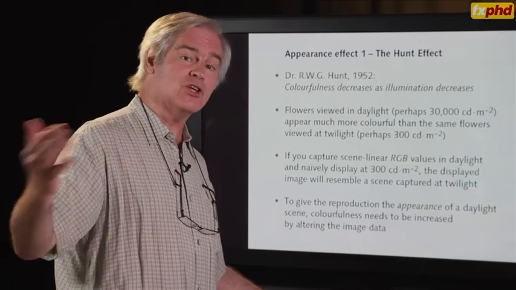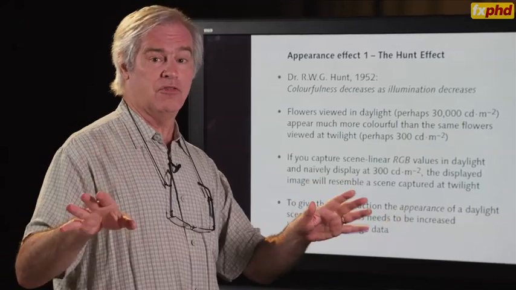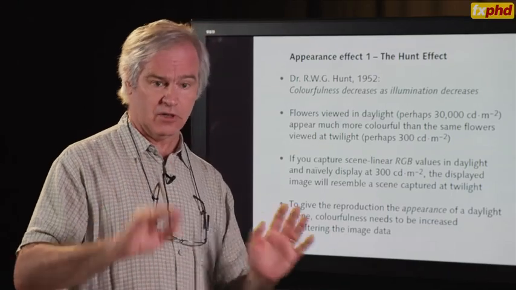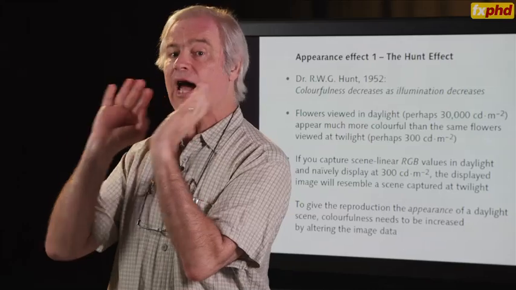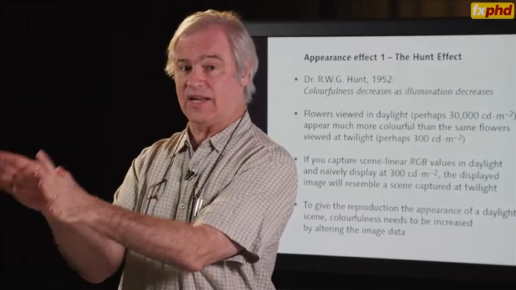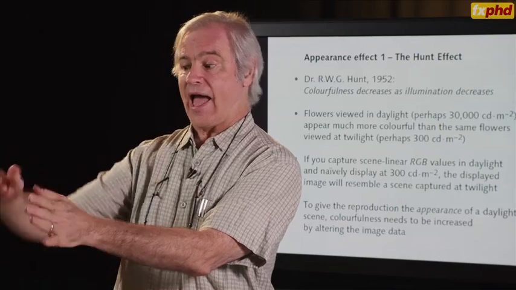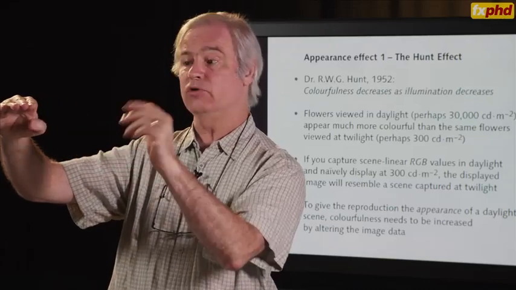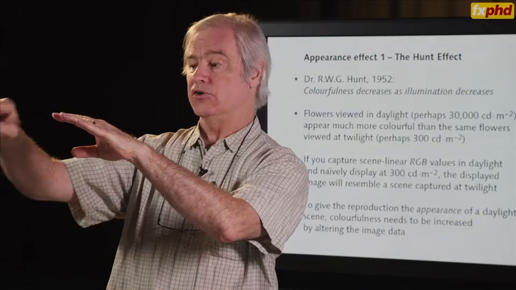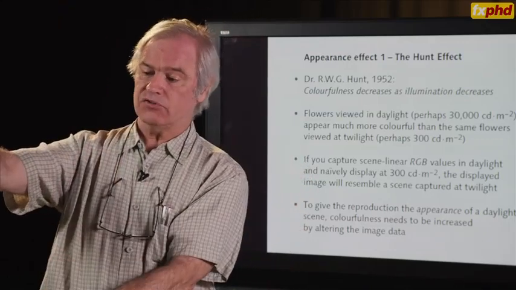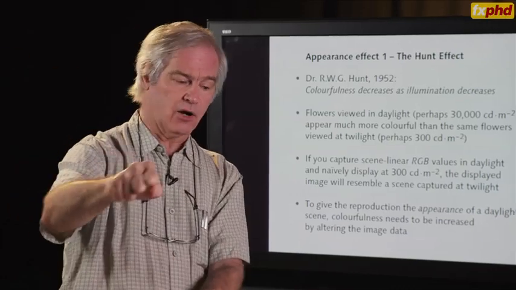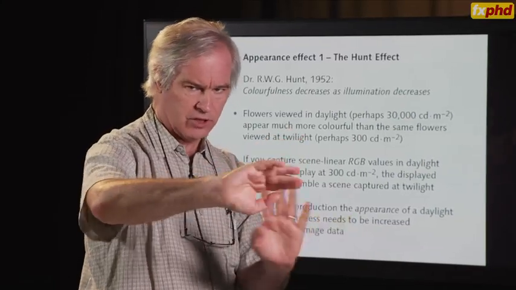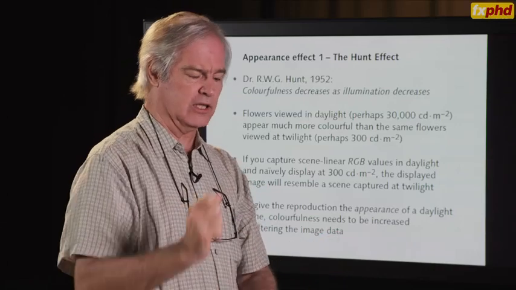Now, in terms of image capture and image display, this phenomenon has dramatic implications. What this means is that if you go and shoot a scene at 30,000 nit daylight, at a certain level of white, so think of a code value up near the top end of the scale, diffuse white, and you take those image data values and you carry them over to a display, and forget about gamma correction, assume that that's already taken care of, that the display has been linearized.